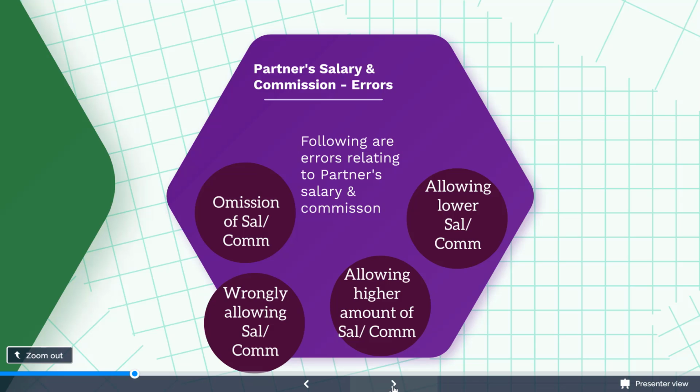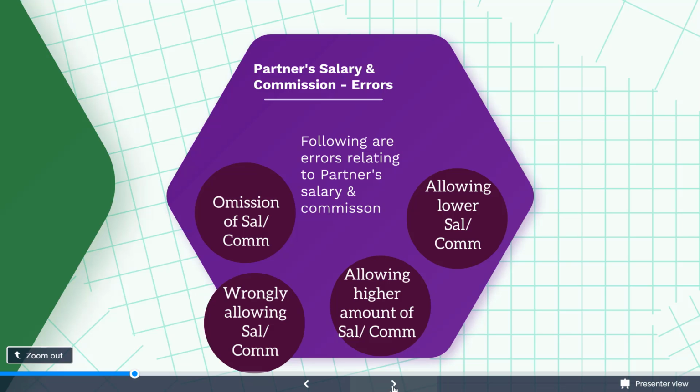So these are the errors which could relate to interest on partner's capital. Next, what are the errors relating to partner's salary and partner's commission? Following are the errors: wrongly omitting partner's salary or commission. You were supposed to allow partner's salary or commission and you have forgotten to allow it.